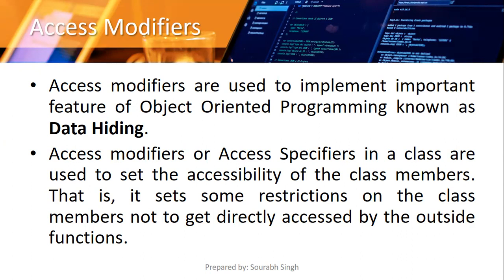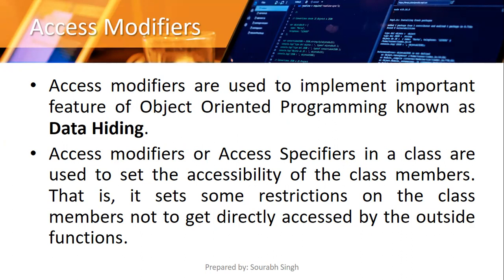So access modifiers or access specifiers in a class are used to set the accessibility of the class members. That is, it sets some restriction on the class members not to get directly accessed by the outside functions. When we were reading encapsulation, we learned that class members cannot be used outside the class.